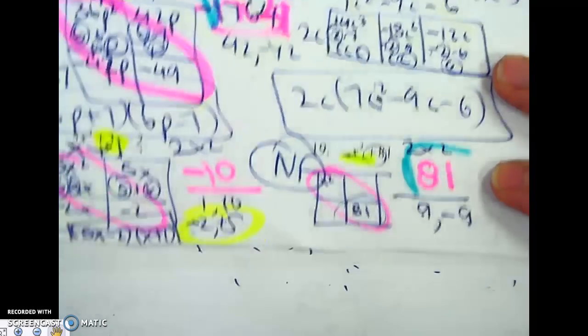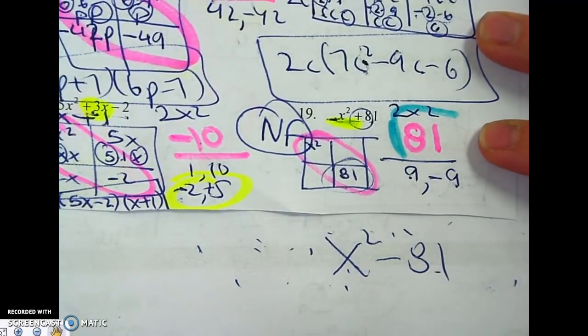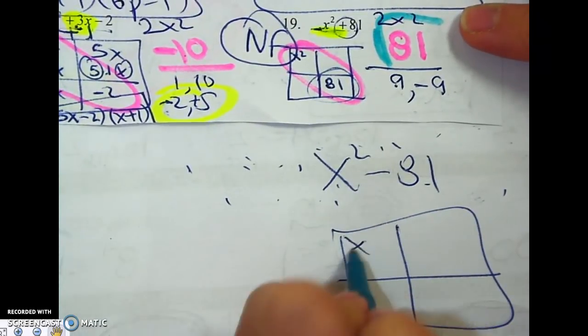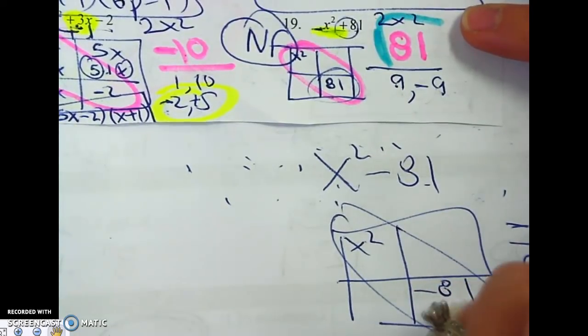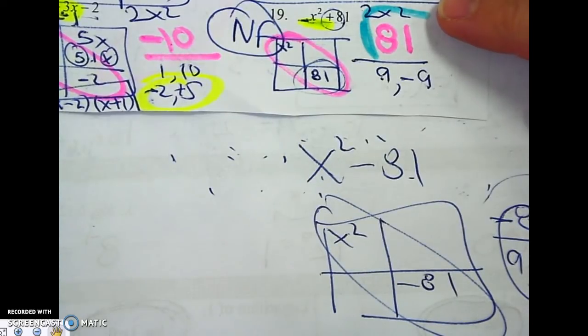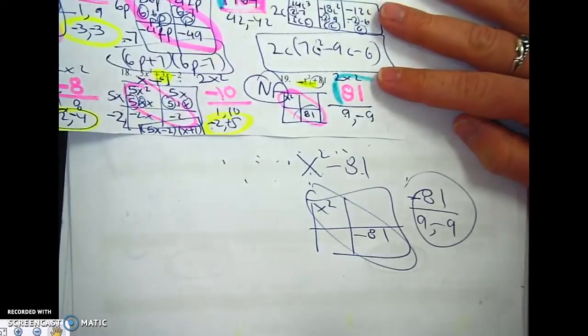So I want you to look at the difference. If we had the same problem that was x squared minus 81, and we did our box, let me move this up. I play the same game. Negative 81, 9 and negative 9 gives me negative 81. Oops, I'm sorry, you can't see that. Let me zoom out a little bit. So let me say it again.